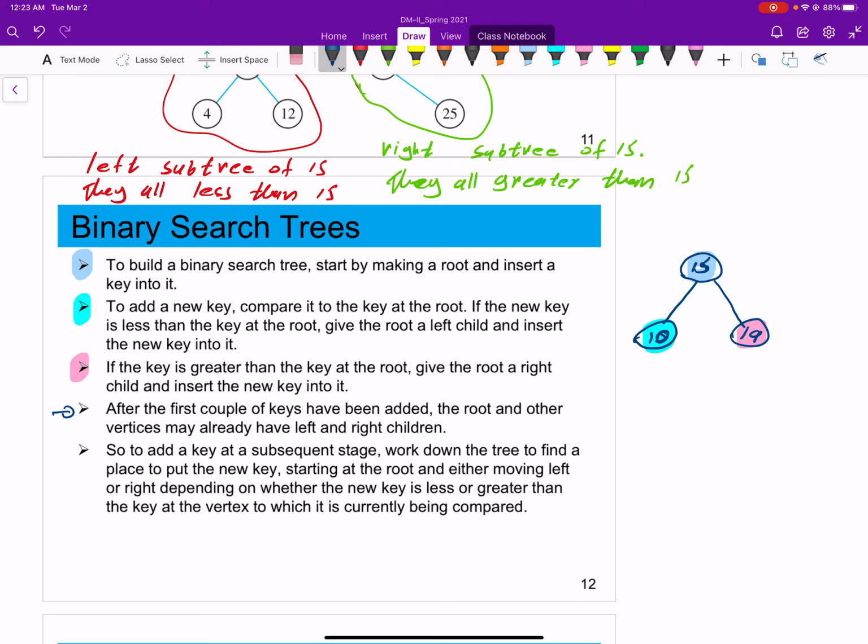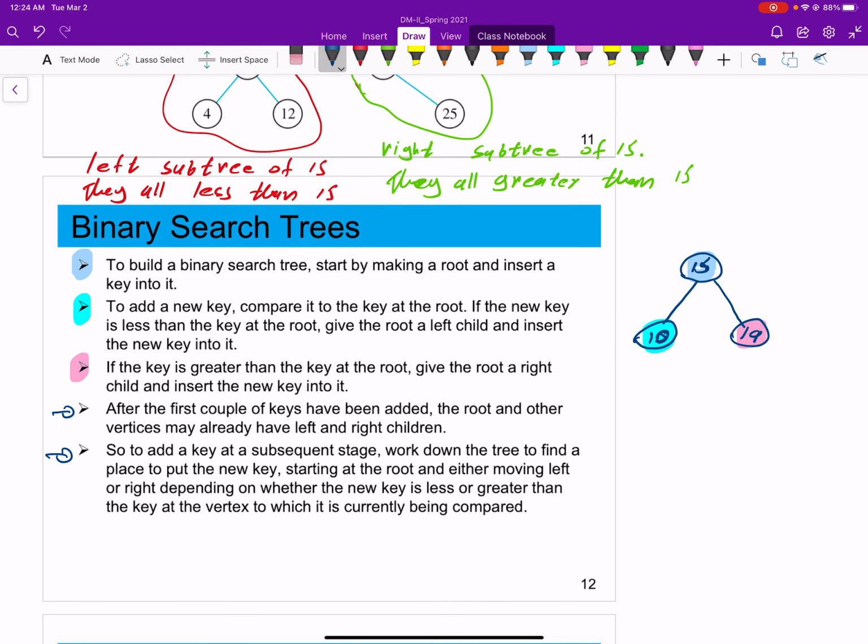And the next point, after the first couple of keys have been added to the root, the other vertices may already have left and right children. So now 15 has left and right children: the left child is 10, the right child is 19. Now we have to keep on adding. To add a key at the subsequent stage, work down the tree to find a place to put the new key.